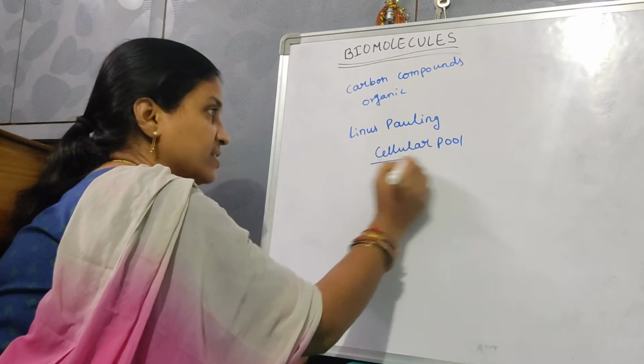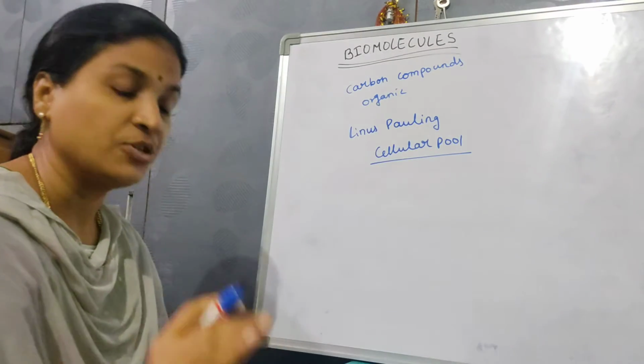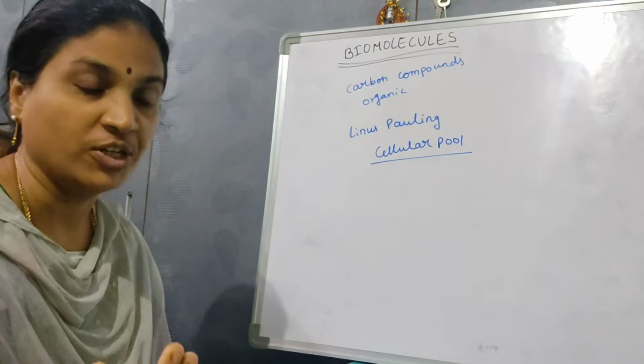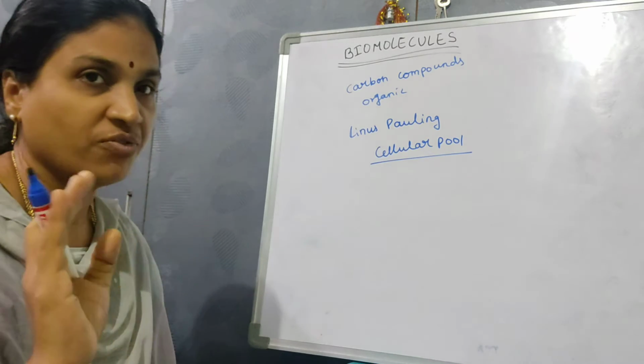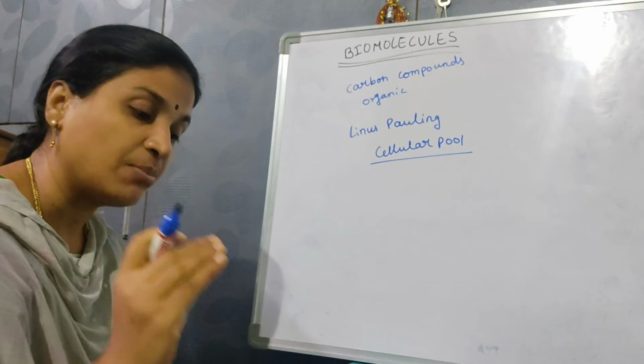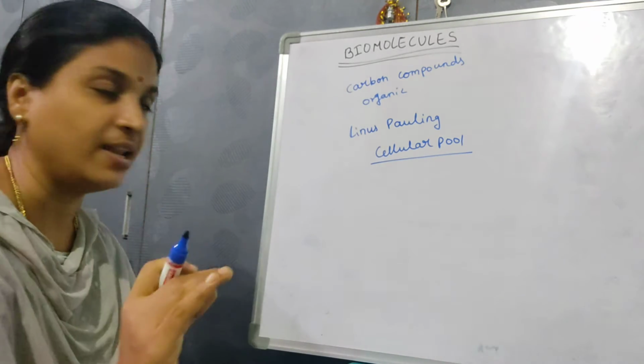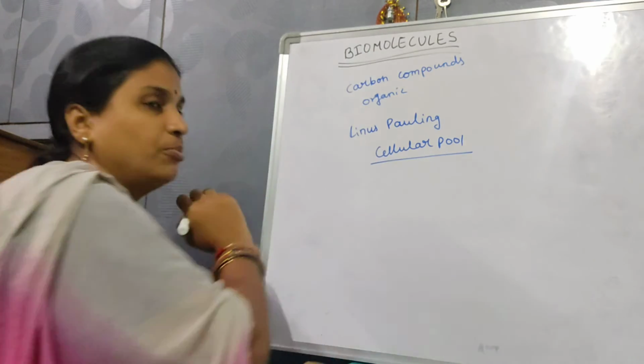So what does the scientist say? According to Linus Pauling, life exists due to the interaction of various biomolecules and is not the property of a single molecule, but it is the collection, sum or total of different types of biomolecules, compounds and ions present in a cell, and that is nothing but the cellular pool.